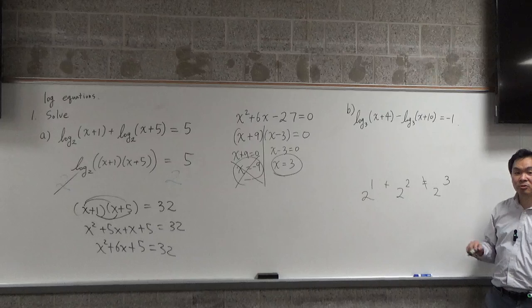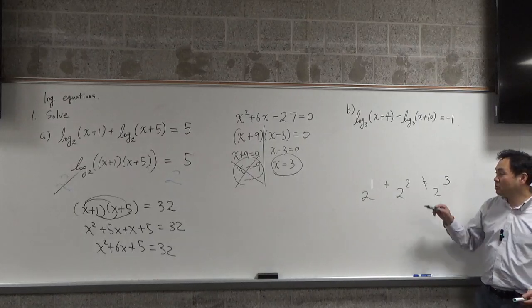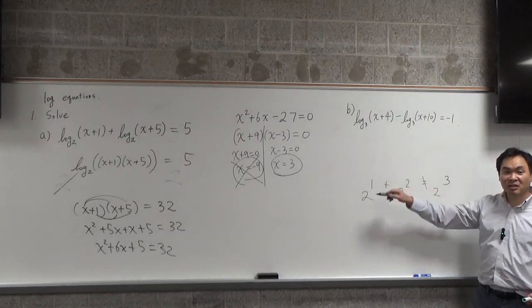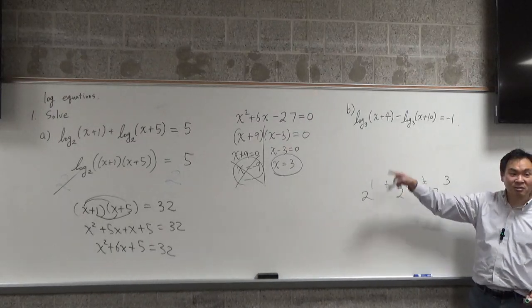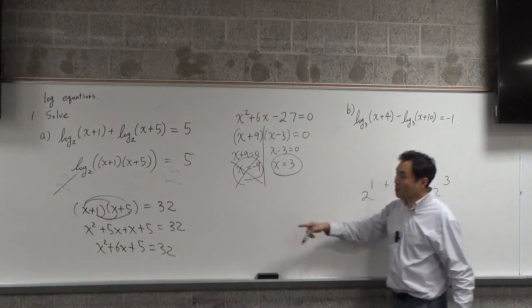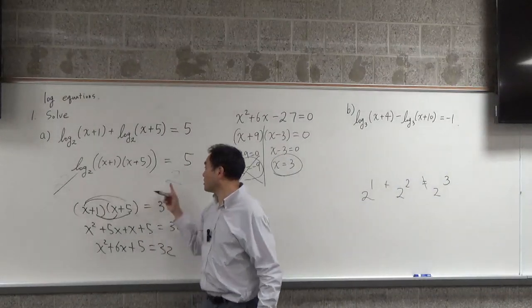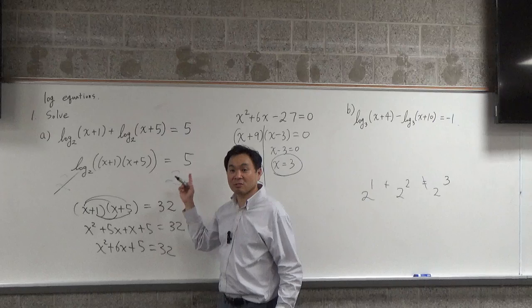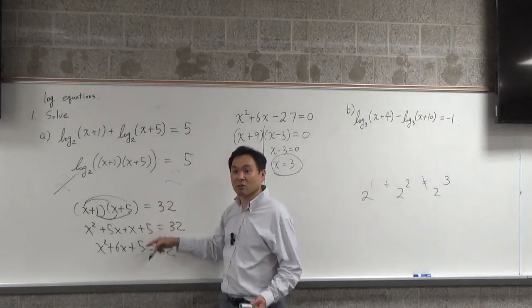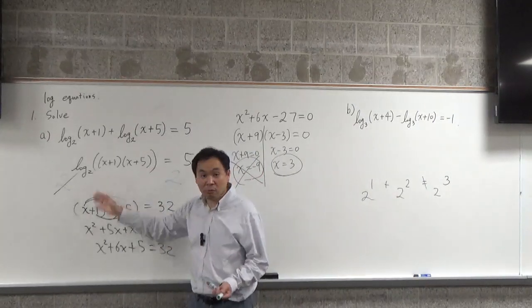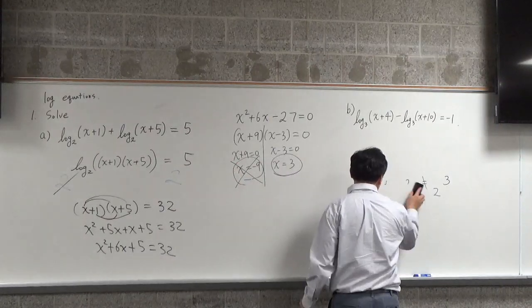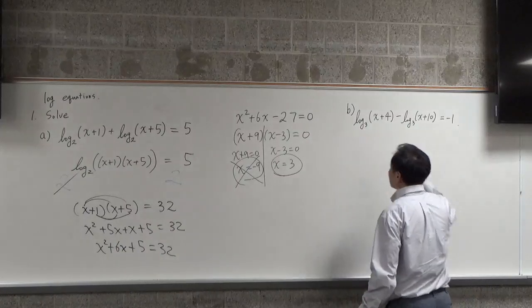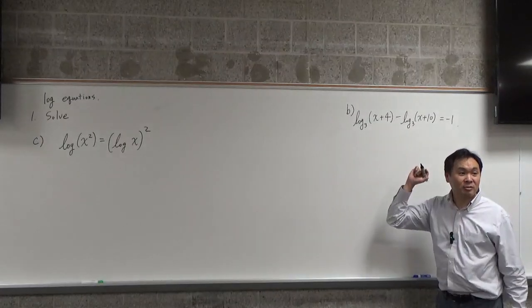So this is not true. So if you put 2 under like this in individual terms, you don't preserve the equality, so you can't continue to solve it. But if you put 2 just once like this one and this one, then the equality still gets preserved, and that's why you can continue to solve it. That's the important part, okay? That's why it's important to be able to combine different logs into a single thing. All right, so think about this one. What do we do?